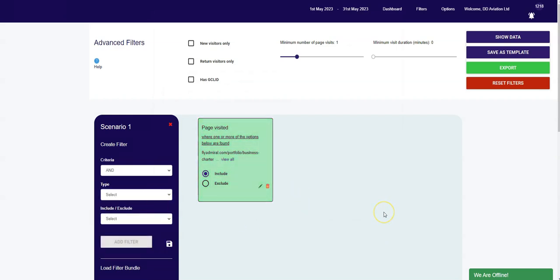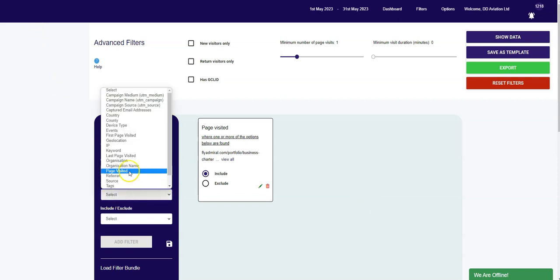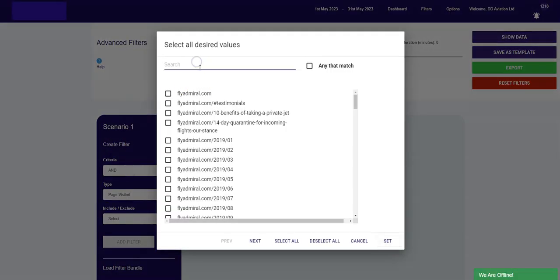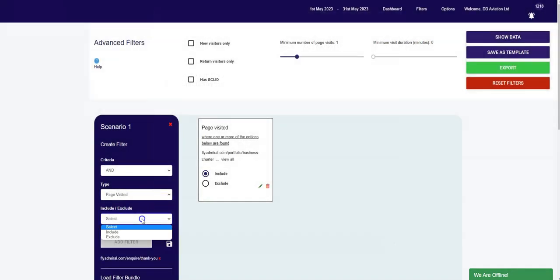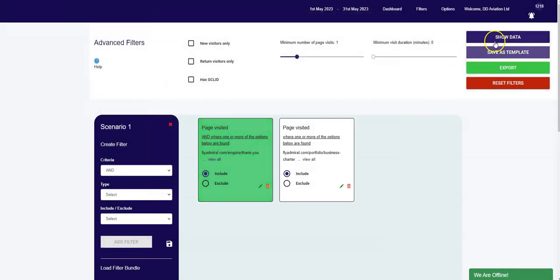Now we already know there are 114 people who got to that page. I'm also going to add in which of those got as far as the quote side of things. This means that they actually filled in a form and got in contact. And if they fill in a form on this page, they get to this particular thank you. Add the filter and show the data.